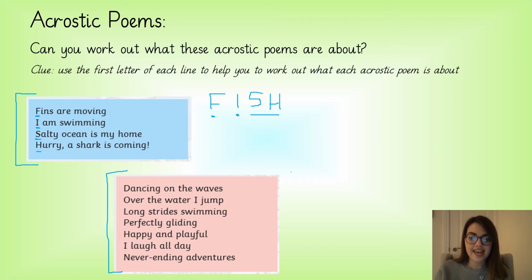So our first letter is the letter D. On the next line, we've got the letter O. Then we've got the letter P. Our next letter is H. Our next letter is I. And our last letter is N.